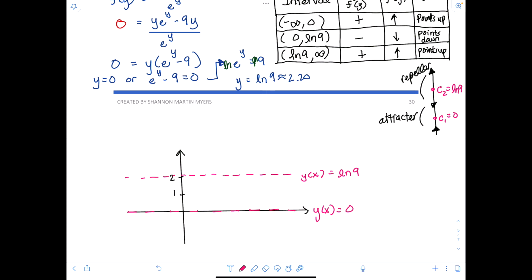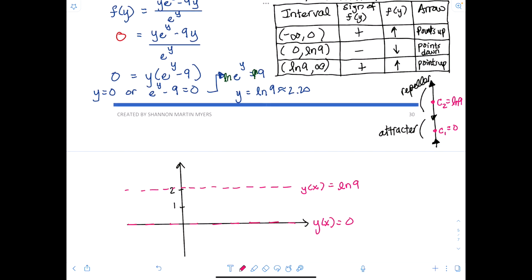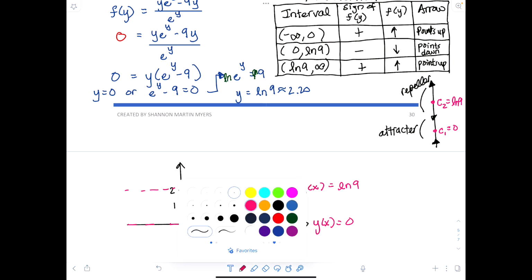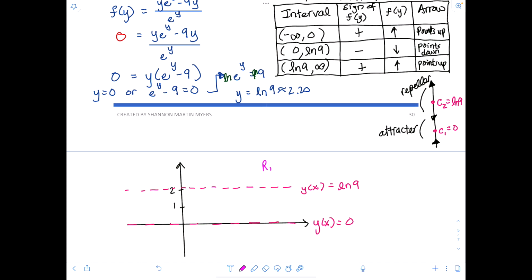Now, what do we know? Well, the sign of f of y, which is the output of the derivative, is positive at the tail, so it's increasing, and it is negative in the middle horizontal region. So you've got these 3 different regions made up. Call this one region 1. Well, region 1, it's being repelled away, so it could look something like that. And then actually this would probably be region 3.